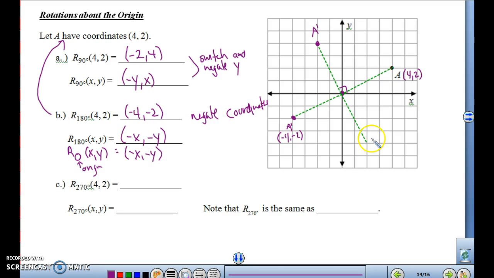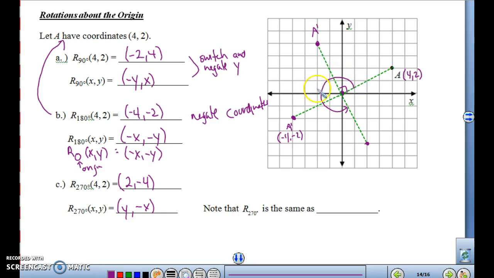You would go around like this, 270 degrees, and you end up at the point here, 2, negative 4. So if we went 270 degrees, what happened to the coordinates? Well, they ended up being switched and we negate the x this time.